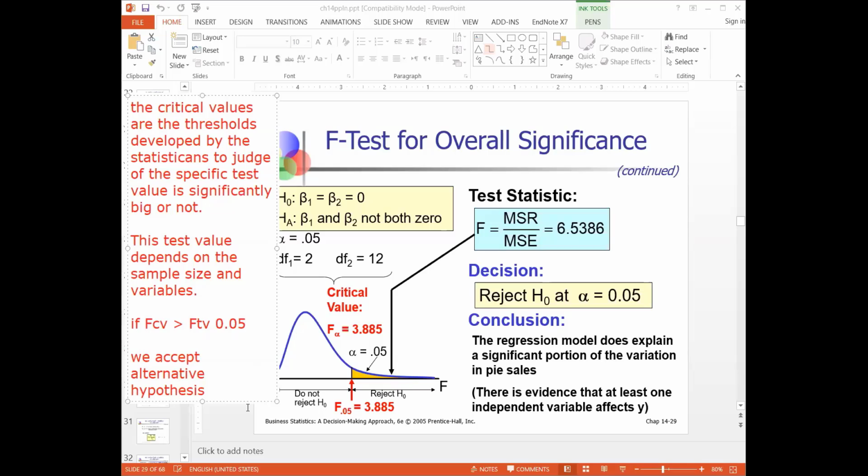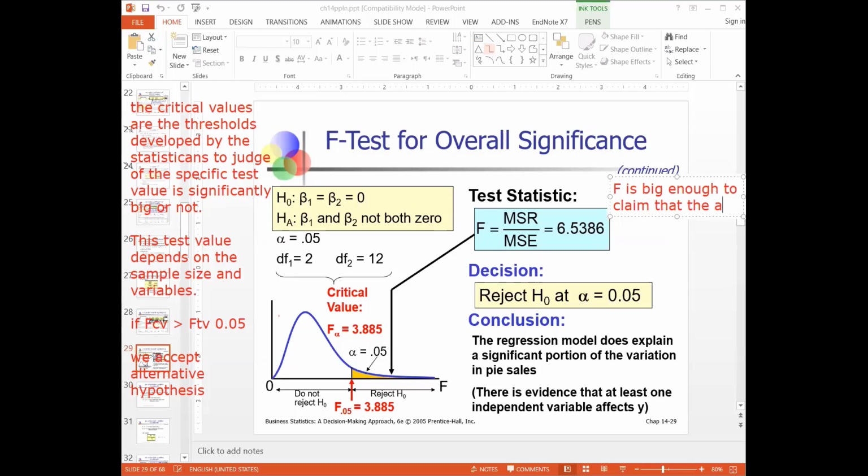This way you can say that since it is above the critical value, we can safely say that F is big enough to claim that the average known knowledge is more than average unknown knowledge.